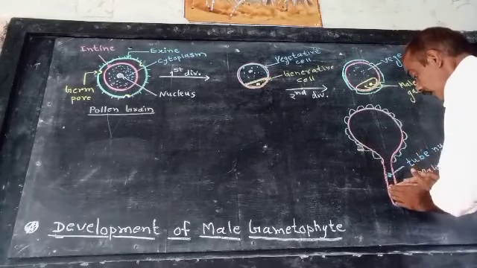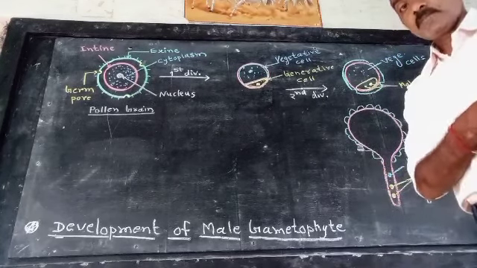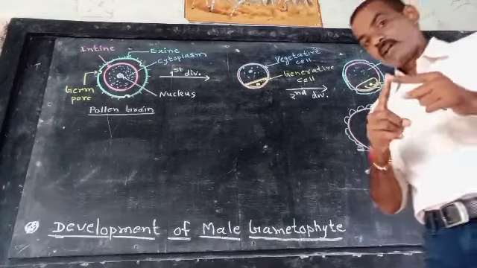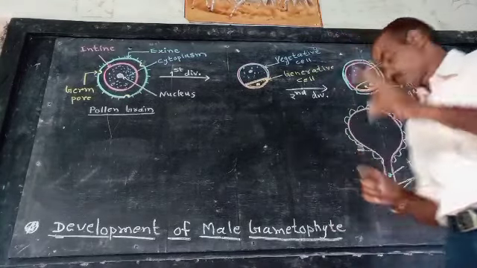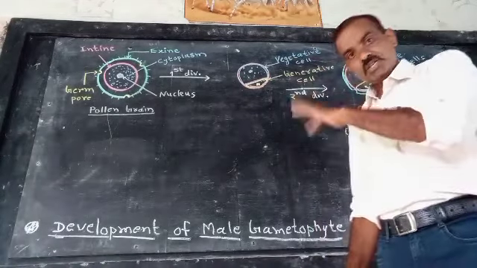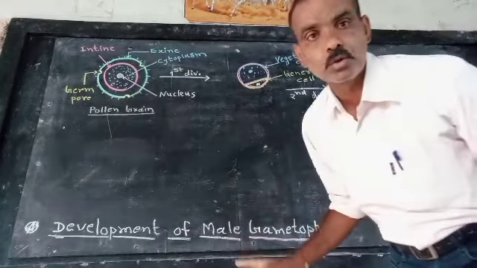After the male gametes enter the ovary, they reach the ovule and fuse, and fertilization occurs again, two times. That is double fertilization, the most important term. We will see that next time. That is the development of male gametophyte.